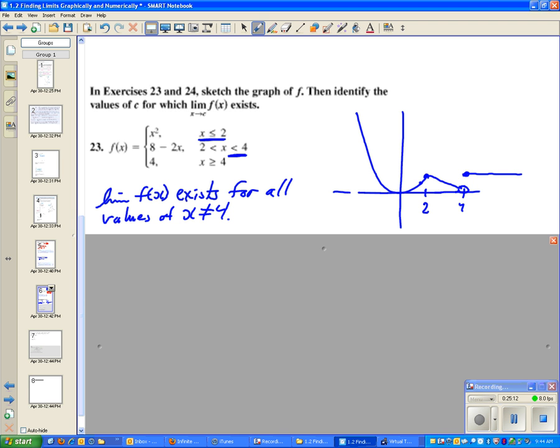Yeah, not bad. All right, that looks better. All right, we good? Questions? See how all of a sudden the limit does exist for 2 when we draw it correctly?